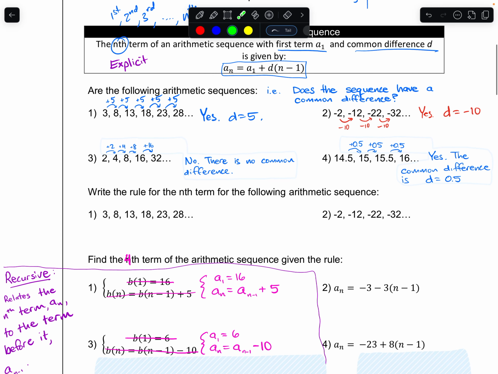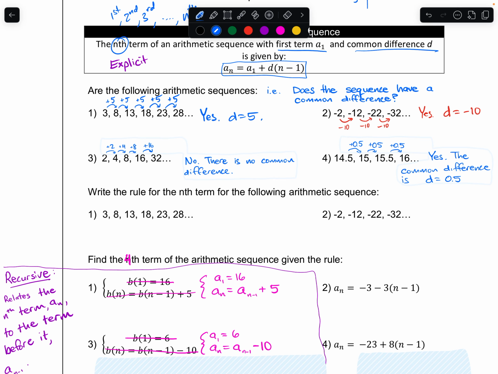Okay. This next set of practice problems tell us to write the rule for the nth term of the sequence. So we have a sequence here, and remember, we need to write the explicit rule, the explicit formula. So we need to know the first term, a sub 1, and we need to know d.